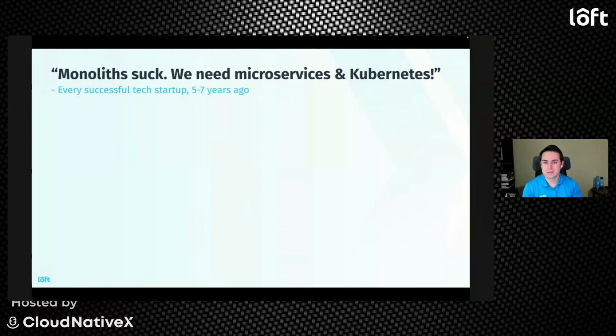They really sucked, right? And everybody was like, we need microservices, we need Kubernetes, right? Kubernetes started to emerge, and every tech startup in that cycle essentially saw the issues of the monolith and why they were betting on a different technology.